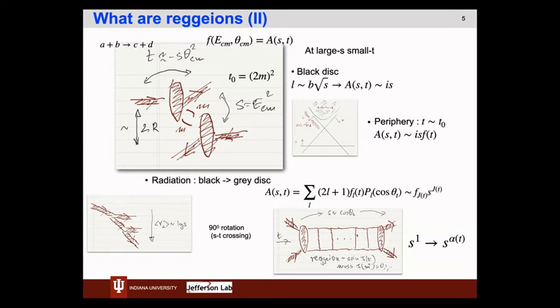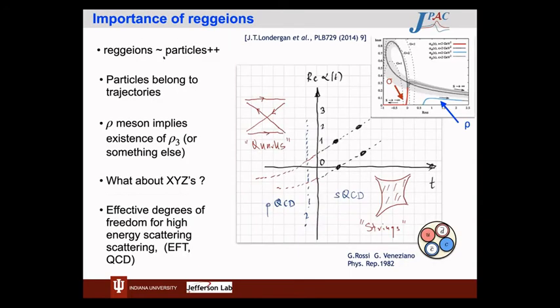Again, from this heuristic interpretation, you see that indeed it looks like a particle. It factorizes between how it interacts with the two blobs and has a running spin. And for certain values of momentum transfer, where the Regge trajectory alpha corresponds to integer numbers, it really becomes a particle. So as I said, reggelons are like superparticles. They really are the effective degrees of freedom to describe high energy scattering.